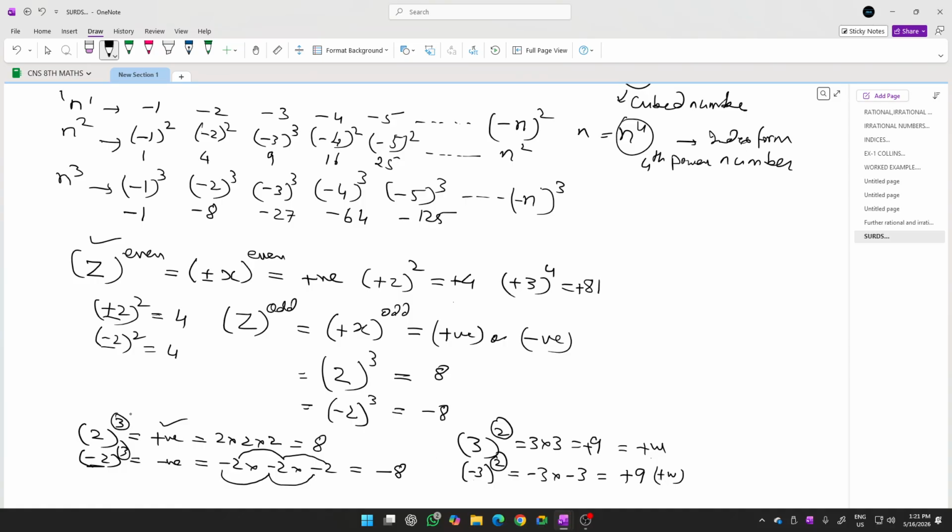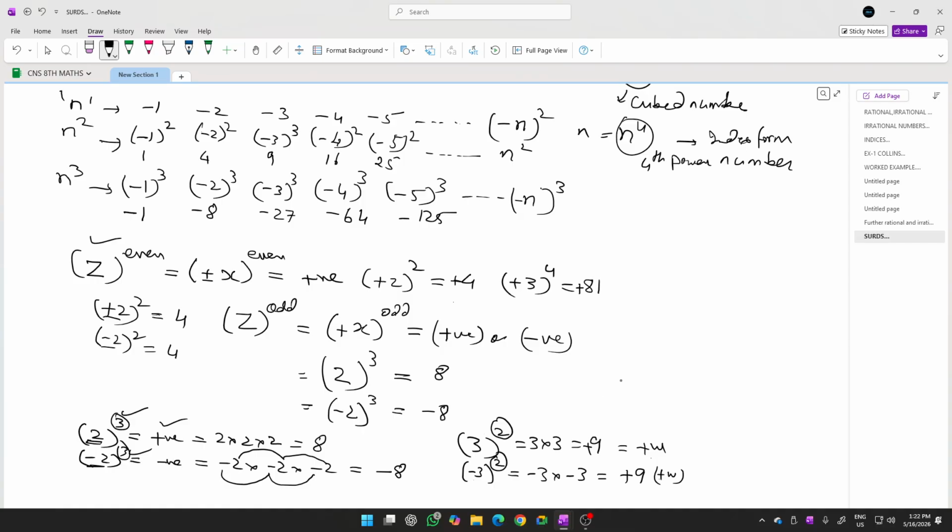Same way, if the power or the index is odd, like in this case, odd means 1, 3, 5, 7, that way, then it will depend upon the base. This is known as the base. So if the base is positive, then the final outcome will be positive. If the base is negative, then the final outcome will be negative.